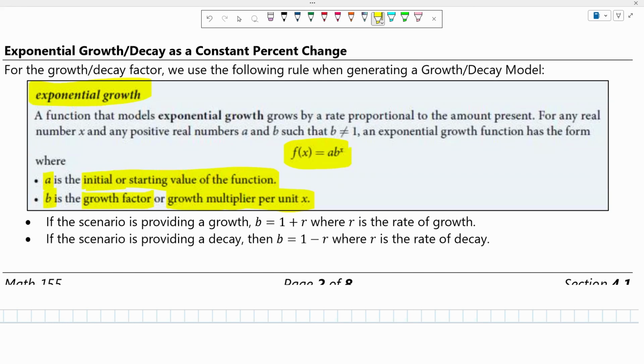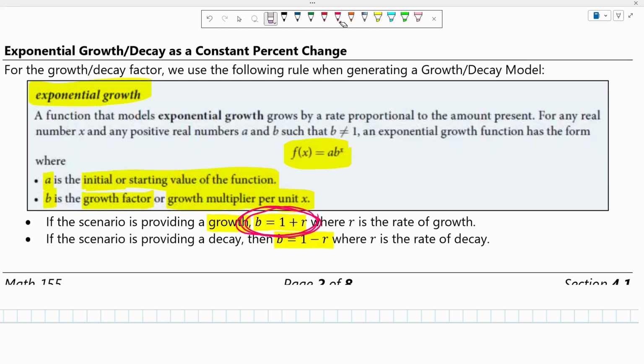We do have to do a little bit of prep work before we start using this, though. It's these two. If you're looking at a problem and it says that you are growing by a certain percent, then you are going to use this handy-dandy equation right there.